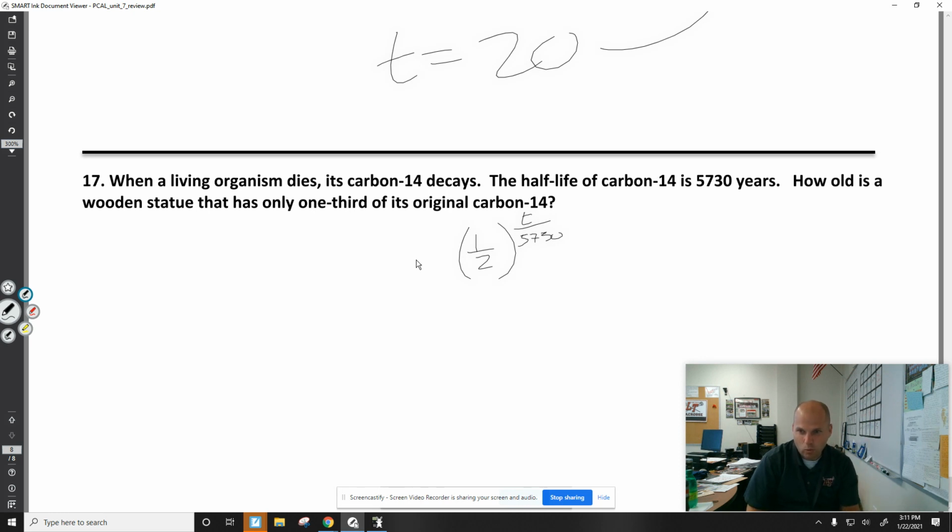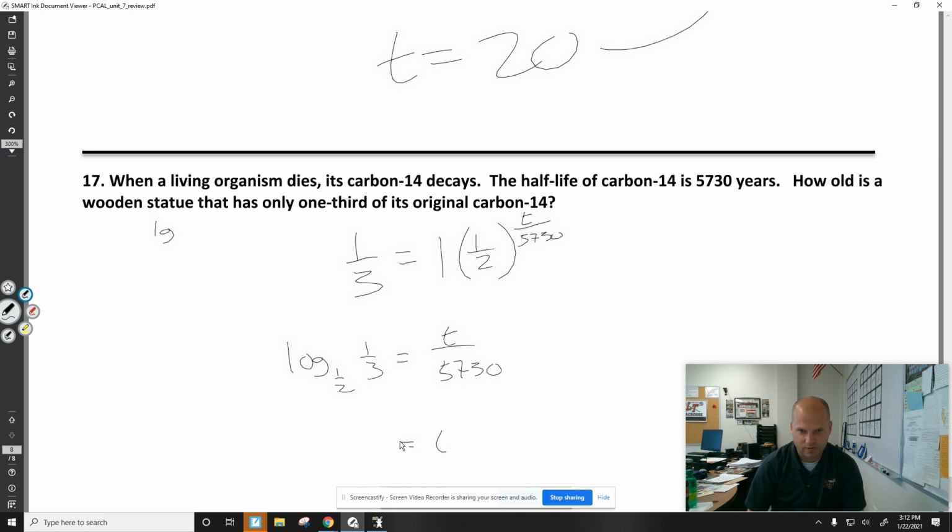How old is a wooden statue that has a third? Let's say the statue has 1 gram to start with. That's its present value. We're figuring out when its future value is a third. We need to take the log base 1/2 of both sides. The 1 is gone. This is t over 5730.